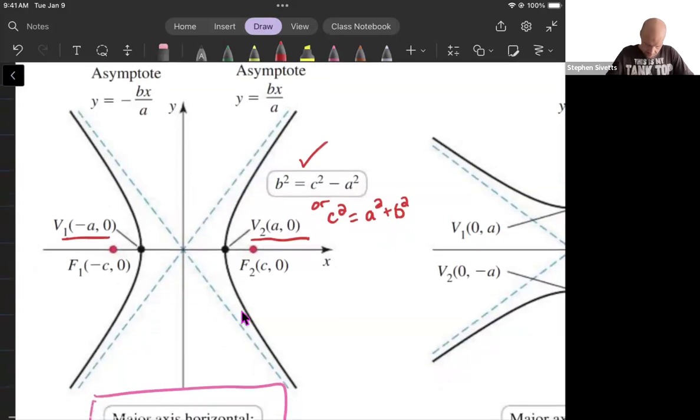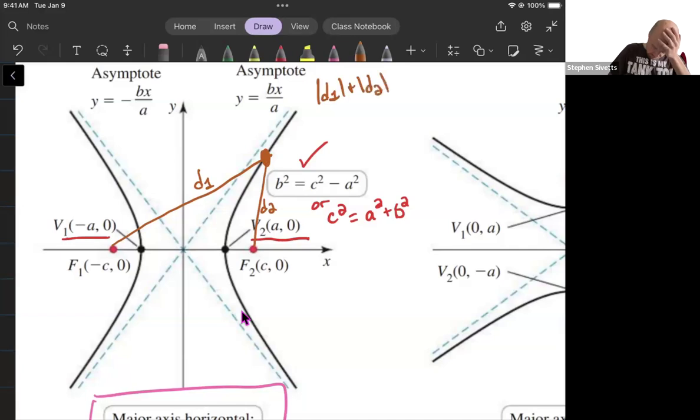So what's great about hyperbolas is the definition: this distance here minus this distance here will equal a constant. It always equals a constant.